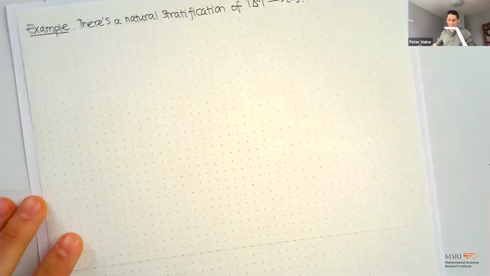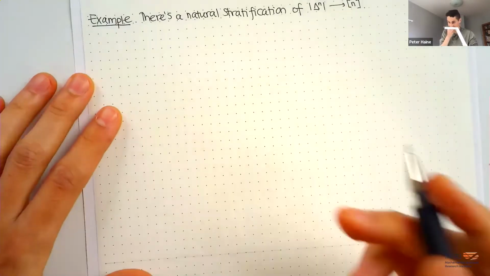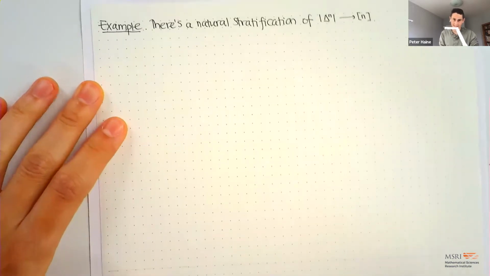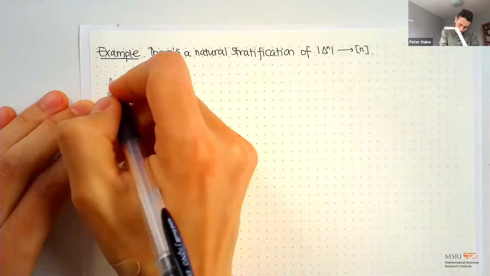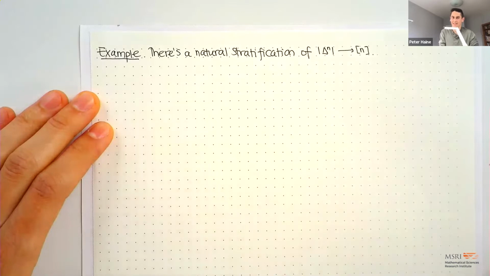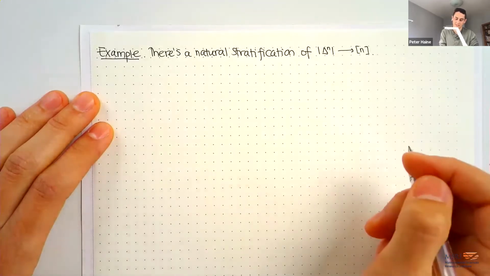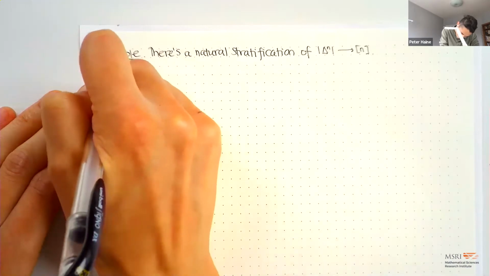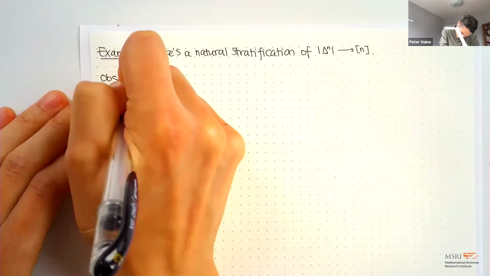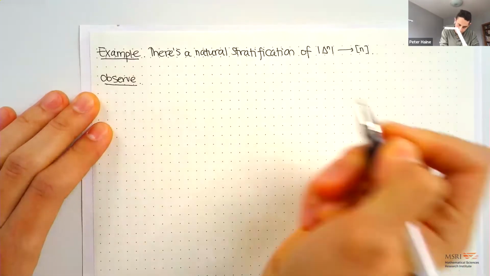But okay, so there's a stratification like that, and here's the observation: this actually defines a stratification of the geometric realization of every poset. So let P be a poset.